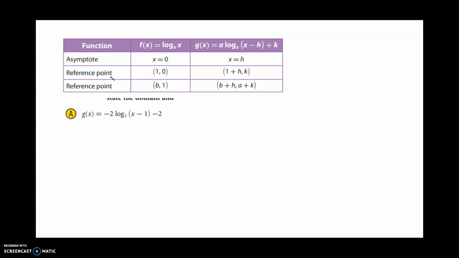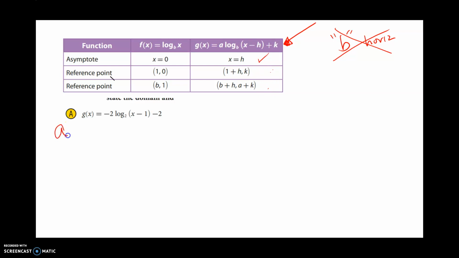Similar to our exponential functions, we do have some reference points we're going to deal with. So let's look at the transformed function here. Notice again, we don't worry about the b, that's the horizontal stretch or shrink. B means base in this case. So we will have an asymptote at x equals h, and we'll be able to transform our reference points.